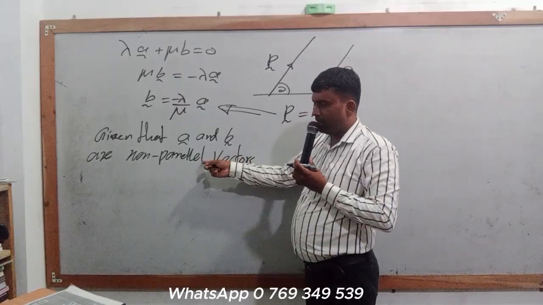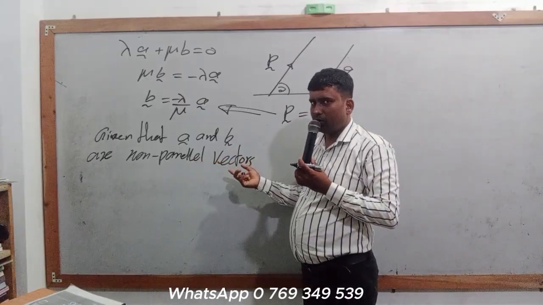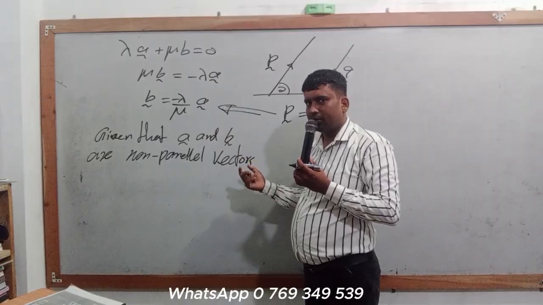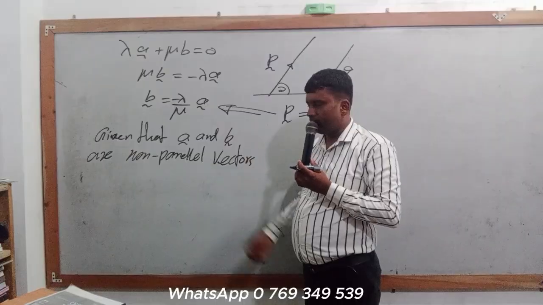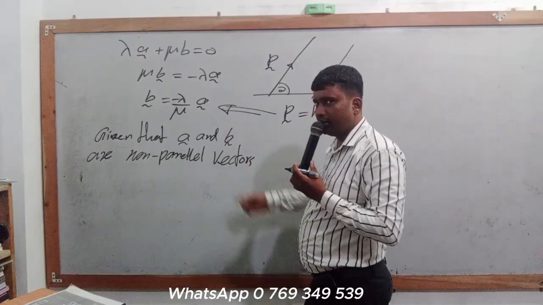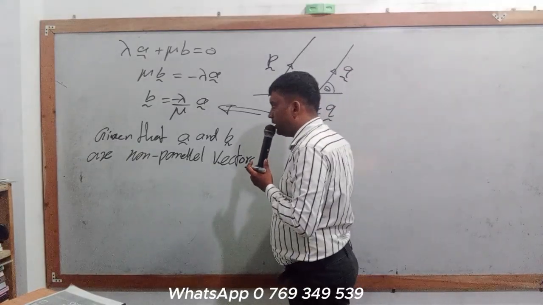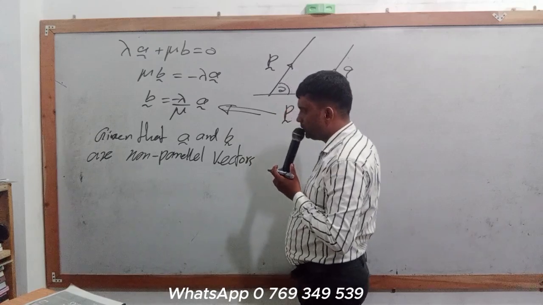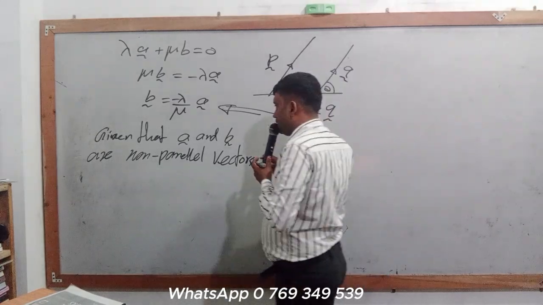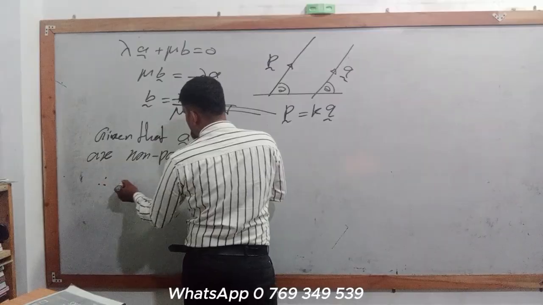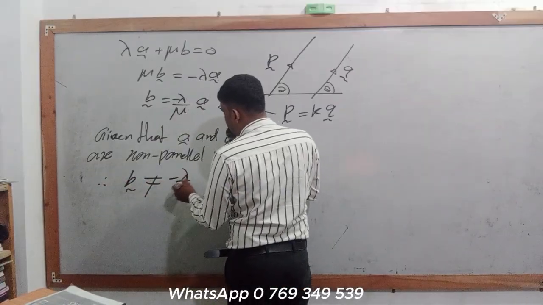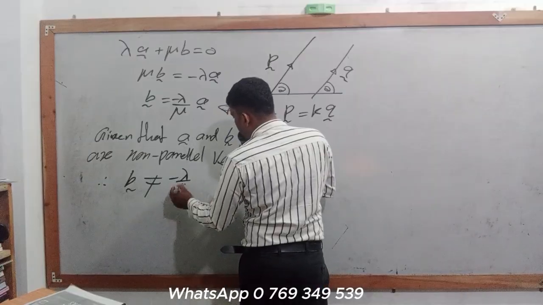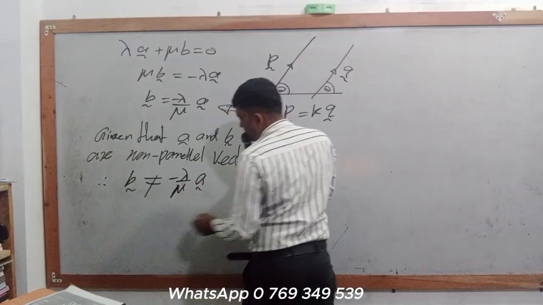If you can't see my letters, I'm saying it without writing. Given that A and B are non-parallel vectors, therefore B is not equal to minus lambda divided by mu A.